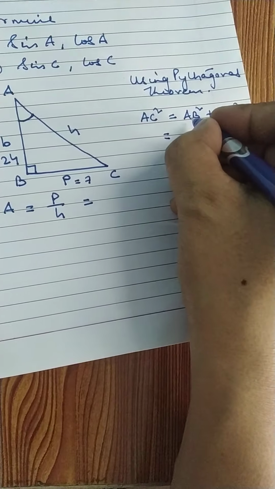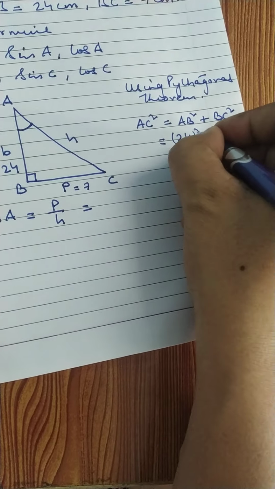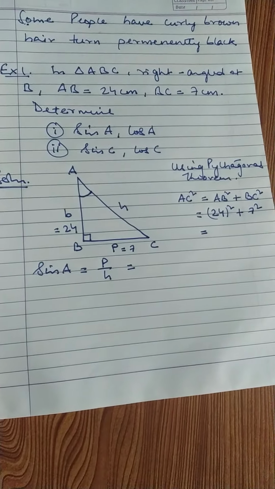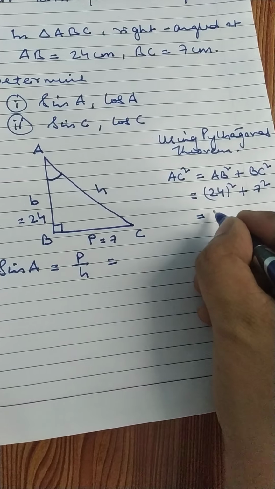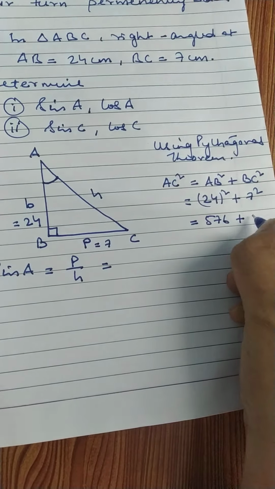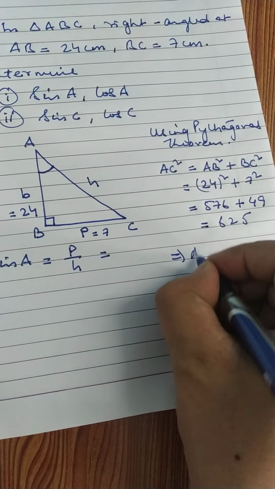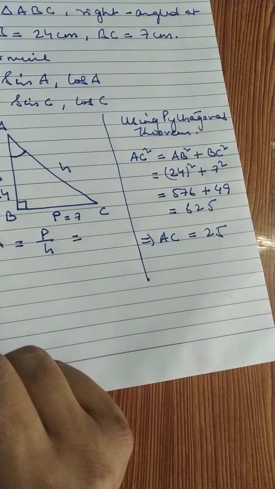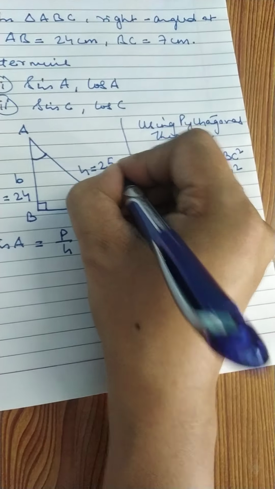Here we are already given AB is 24, so 24 square plus BC is 7 square. After simple calculations, 24 square is 576 and 7 square is 49. So the value is 625. So it implies our AC is 25. That means AC is hypotenuse, and we get the value as 25.